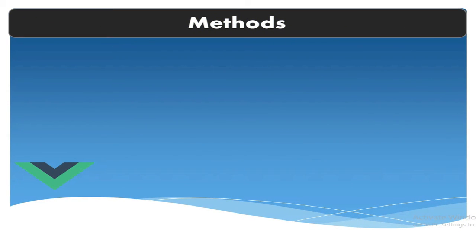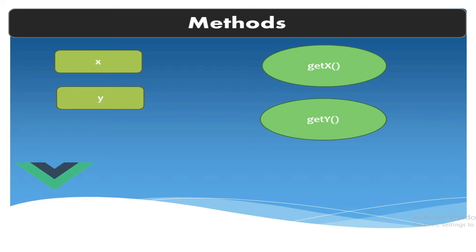Okay, so before we start, let's understand how methods work. Suppose we have two properties, x and y, and two methods, getX and getY. These methods simply return the value of the x and y properties. Now in Vue.js, whenever we change the value of any property, it will rerun all the methods.